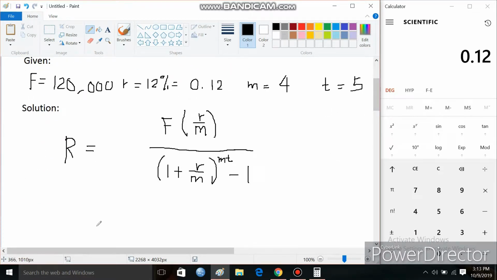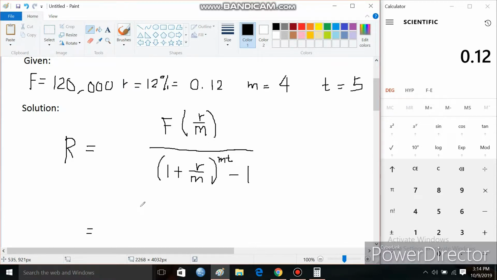Next is to substitute the given values using this formula for the regular payment of the future value of ordinary annuity. So we have the regular payment equals the future value times rate over the mode of interest, all over the quantity 1 plus R over M raised to the power of MT minus 1.